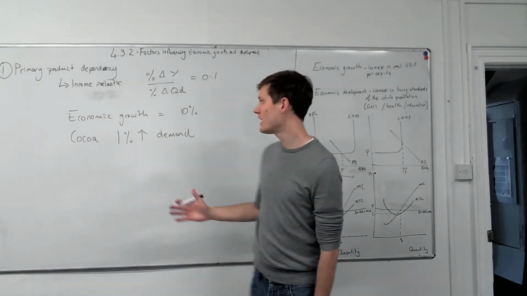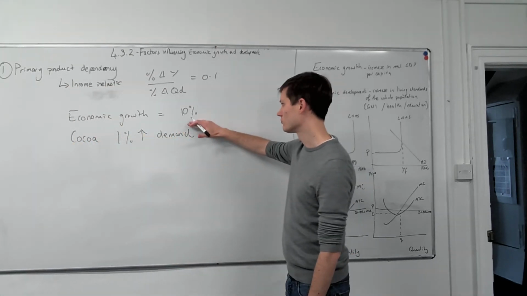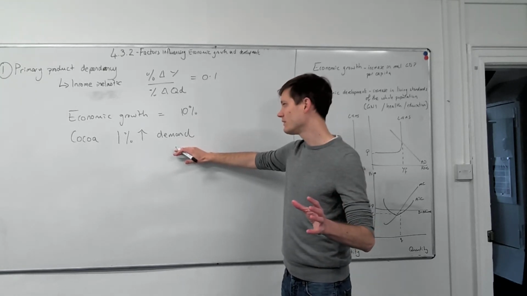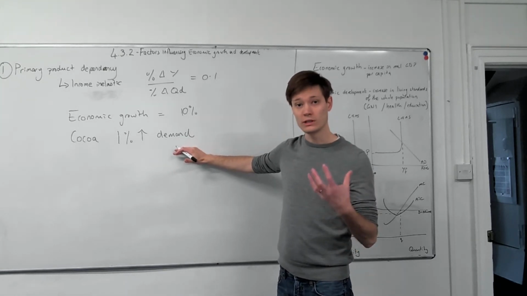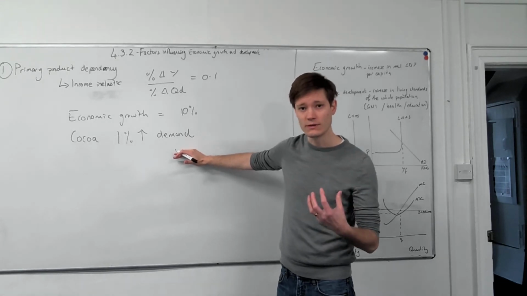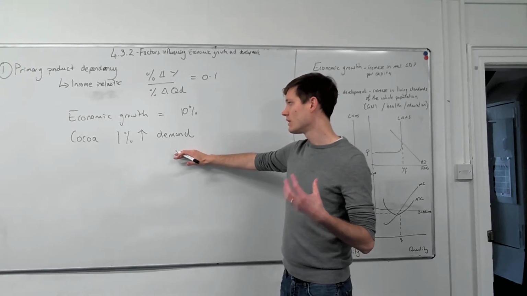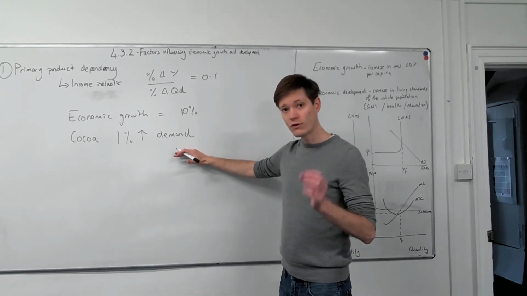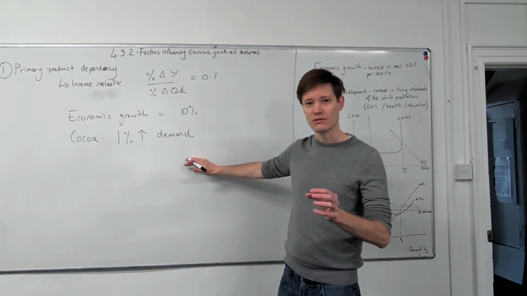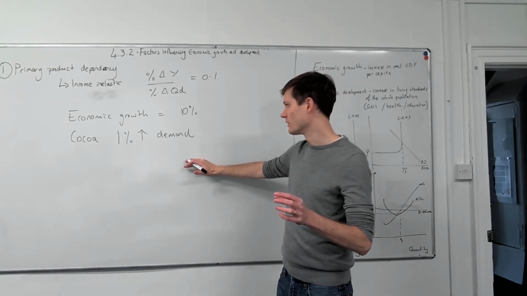So primary products generally, as world income rises, the demand for these products is going to rise at a relatively lower rate, or a proportionately lower rate. You could say that they're unresponsive or relatively unresponsive to increases in economic growth. If you're focused on these as your exports, you're likely to see limited increases in your own economic growth.